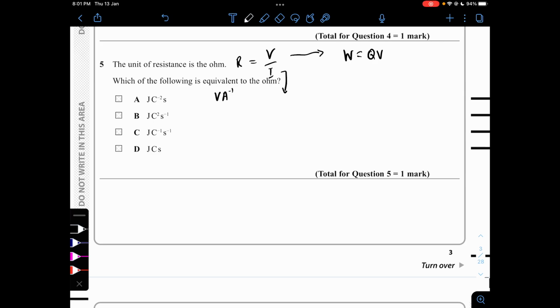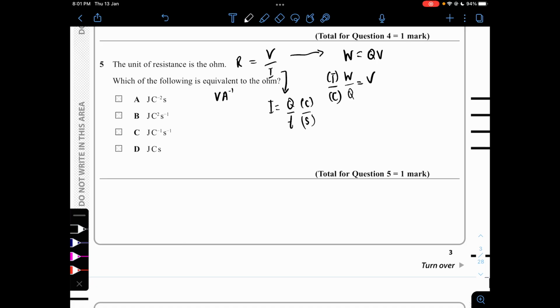And for current, we can use the equation we used before, which was Q over t. So let's rearrange. W over Q equals V, right? What are the units here? This is J divided by C. What about the current? That's C divided by s.